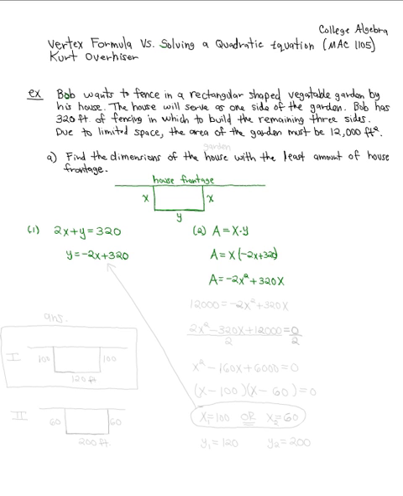Since area is measured in square units, in this case square feet, we plug in 12,000 for A. Then we're going to get it into standard form, and I'll add 2x squared to both sides, and I'll subtract 320x from both sides. In doing that, I get this equation.